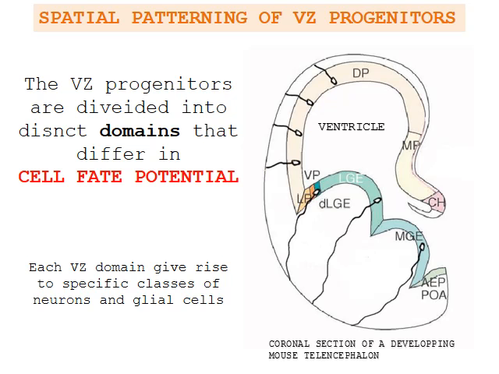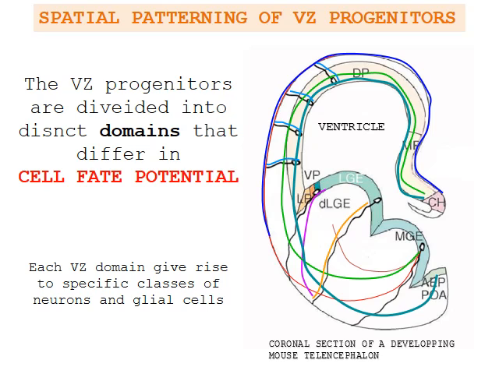The progenitors that occupy these different domains differ in their cell fate potential. This means that each ventricular zone domain gives rise to a restricted repertoire of neurons that will then migrate to their final destination.